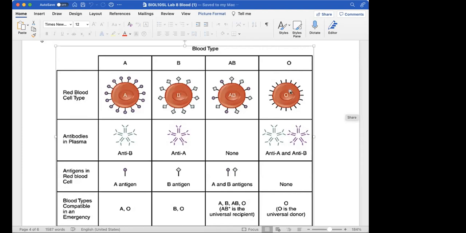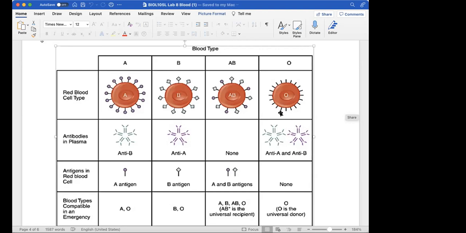So when we donate type O blood, you're just donating these naked red blood cells. They can go to any person, any blood type, because no antibody would be able to grab hold of them to cause an agglutination. Type O people, though, do have antibodies against both types of antigen in their plasma.